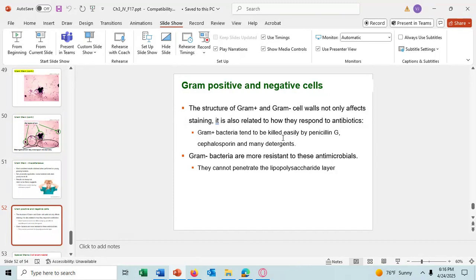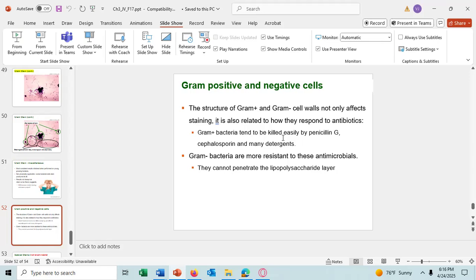All right, the structure of the Gram-positive and Gram-negative cells not only affects the staining of the cells, it also affects how the cell responds to antibiotics. The Gram-positive bacteria tend to be killed easily by penicillin G. Cephalosporin and many detergents also can kill Gram-positive cells fairly easily.